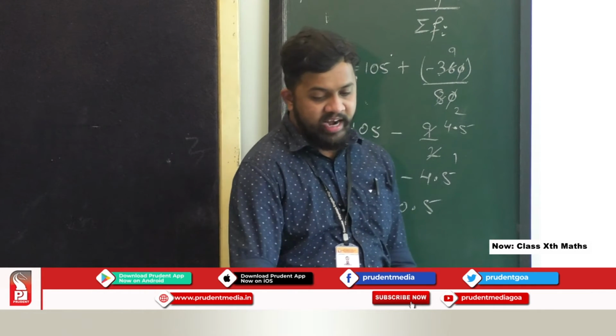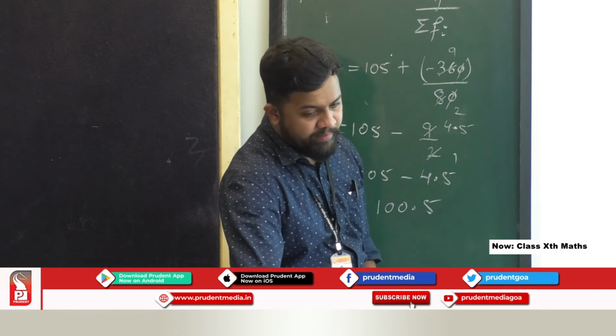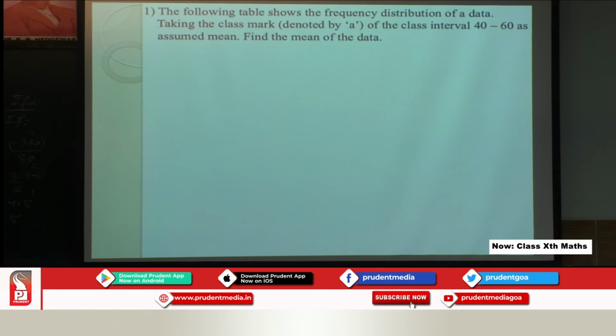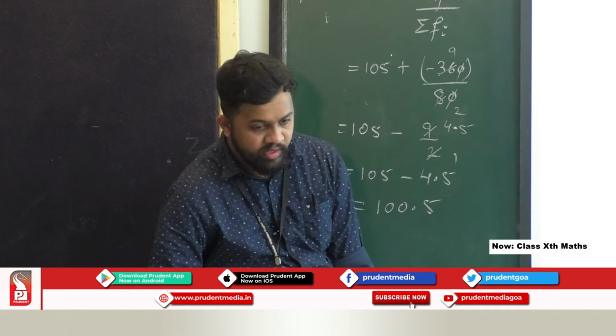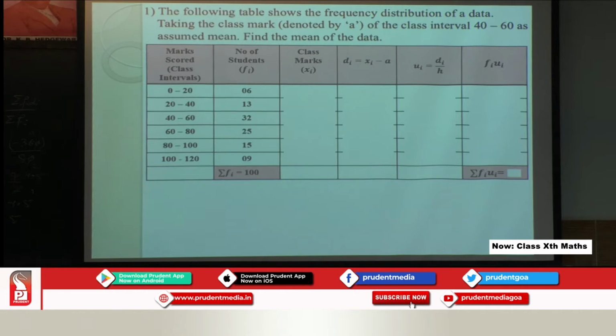So first thing, let's find the total, that is summation Fi. So summation Fi is 100. It was not given in the question, so you have to add all the numbers, and we got summation Fi as 100. The second is we find the class mark.